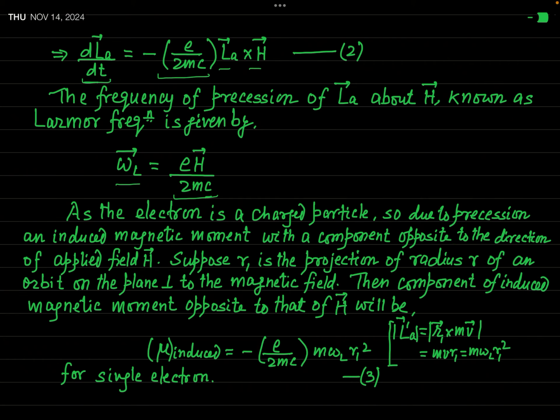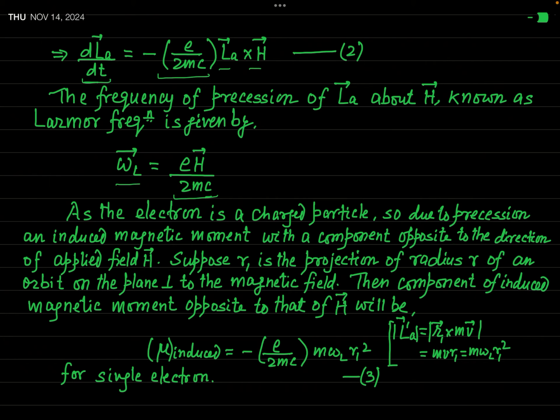Now, you know that while deriving the relation for Larmor frequency, it is assumed that the angular momentum vector LA can assume any direction relative to H. In other words, LA is independent of H, which implies that the orbit is not deformed under the influence of the magnetic field.